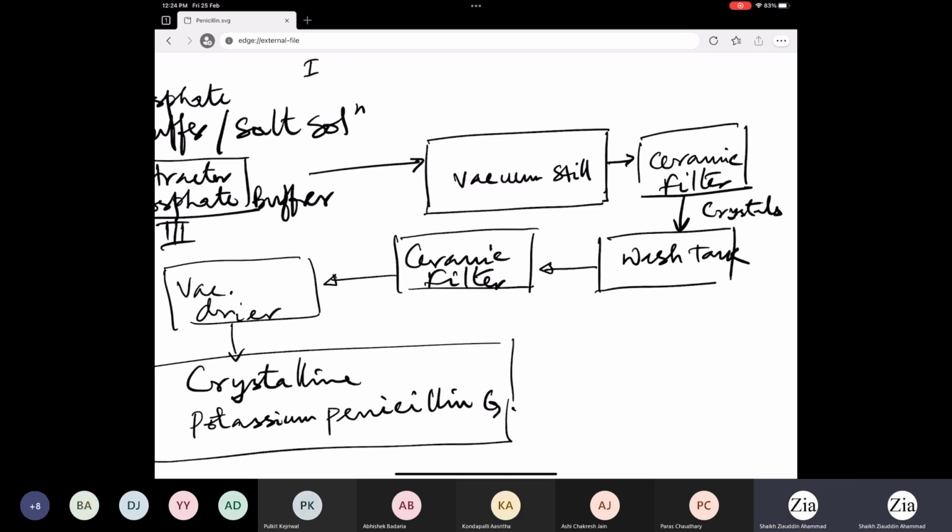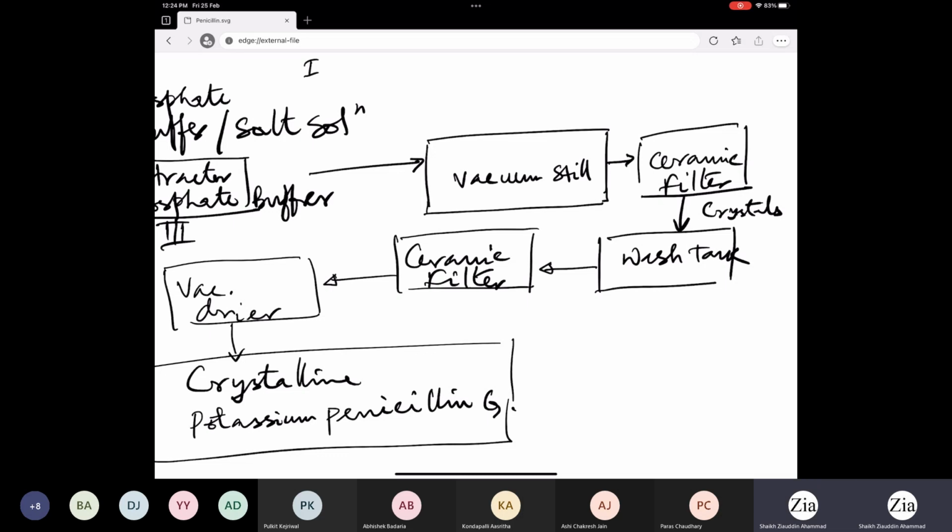So the crystal, whatever you get, is filtered through multiple ceramic filters. And every time you use a ceramic filter to remove different impurities, you also incorporate a washing system. So after filtration, whatever crystal you get, you wash in a wash tank.